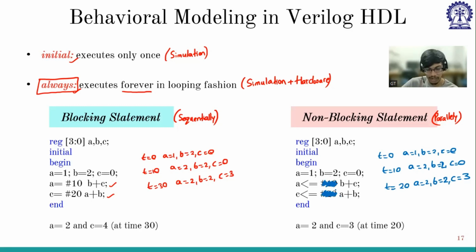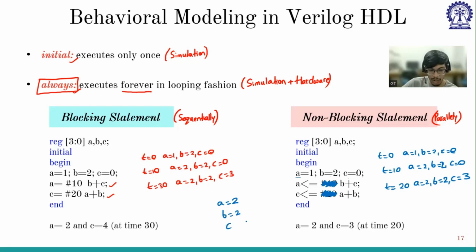I'll explain. First of all, assume that this is not there, this is not there. Now what happens? A is b plus c, right? Both will happen at a time. So a is being updated with the values of b and c, which are 2 and 0. A will be 2. B is not updated, b is 2.